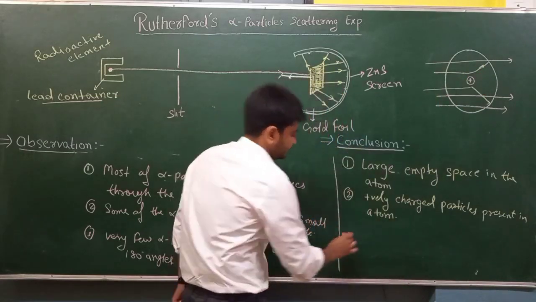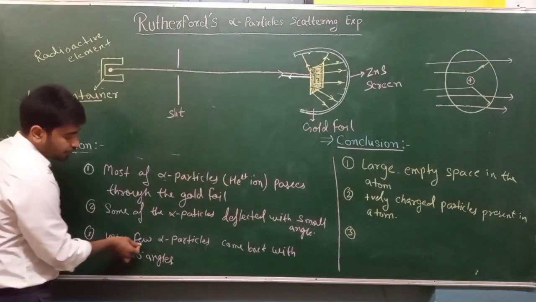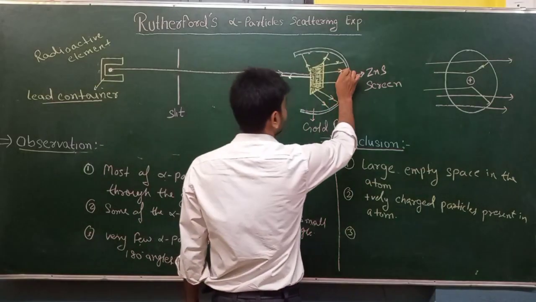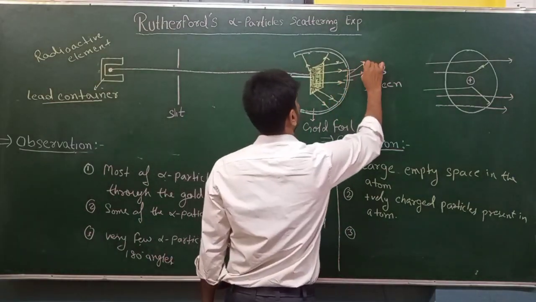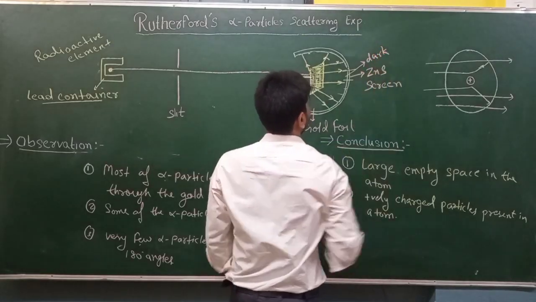And last, very few alpha particles come back, because this part of the zinc sulfide screen is dark.